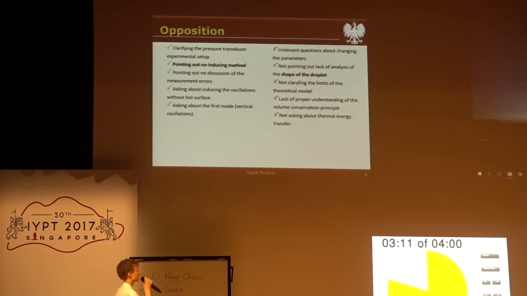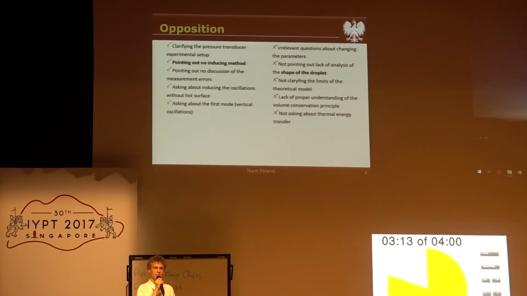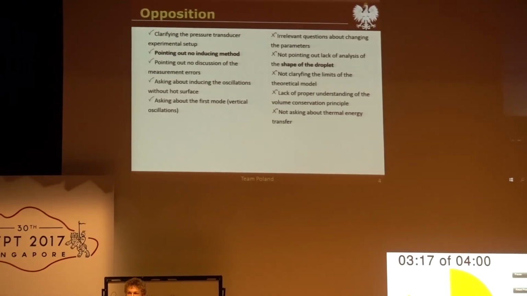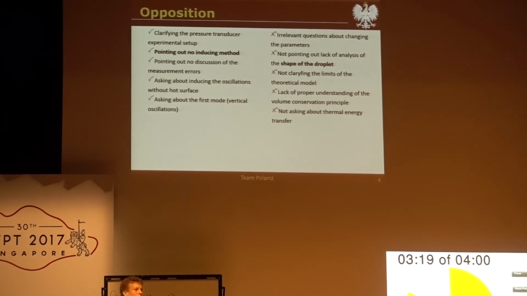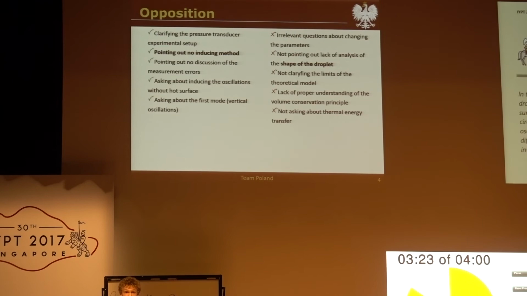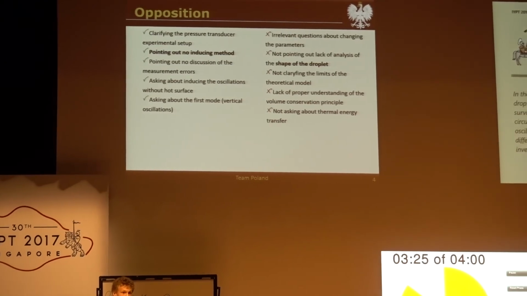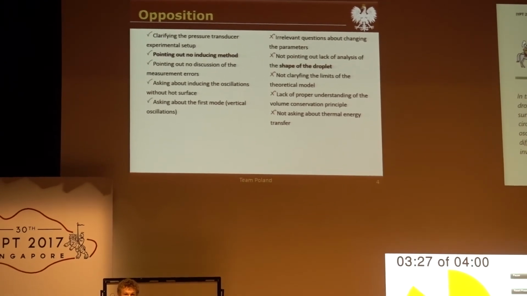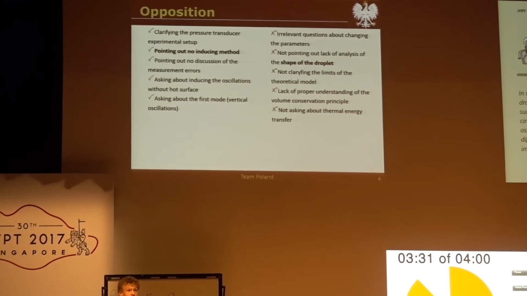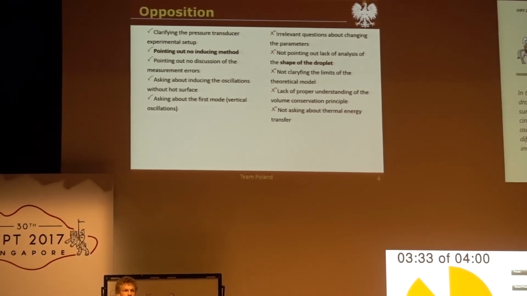Secondly, we heard during the discussion about the vertical oscillations of the drop, which appear when the number of modes is 1, and as the reporter said, it doesn't appear, but it's a well-known effect in the literature. It was investigated in the theoretical model because it predicts frequency 0.